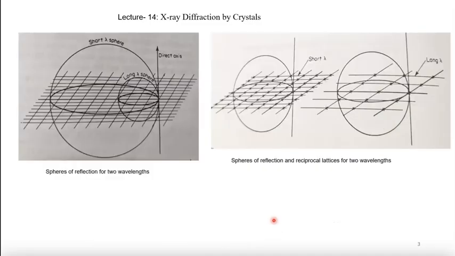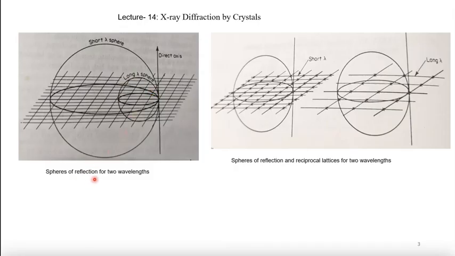Next, we talked about the sphere of reflection. Here is the sphere of reflection, and it depends on lambda. If we have a shorter wavelength, the sphere of reflection is bigger, and with a longer wavelength, the sphere of reflection becomes smaller.